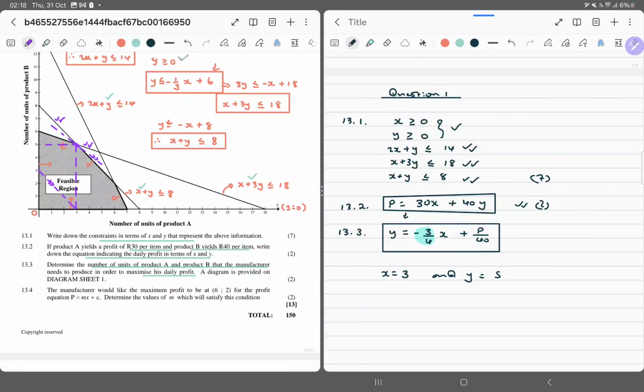Okay, or maybe you can just say 3 of x, it says how many? Okay, 3 units of A and 5 units of B. Great.